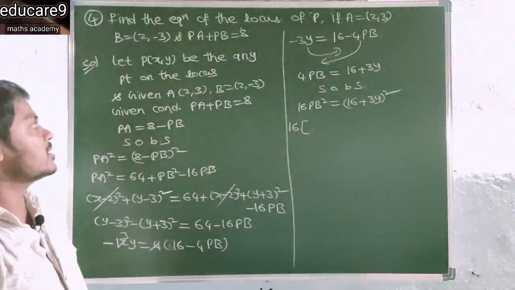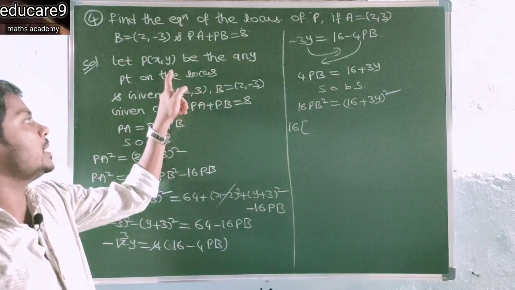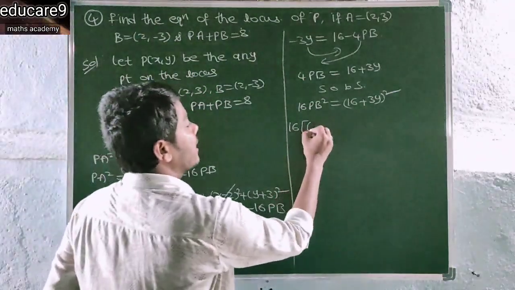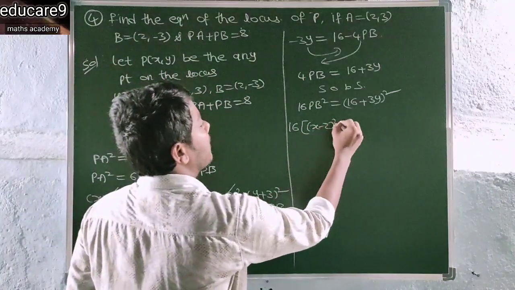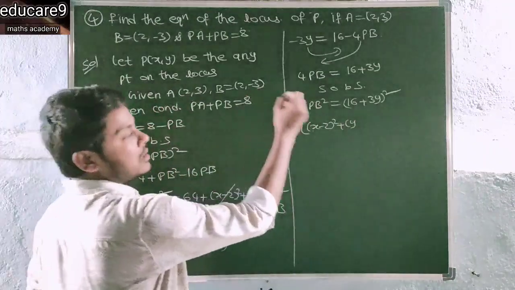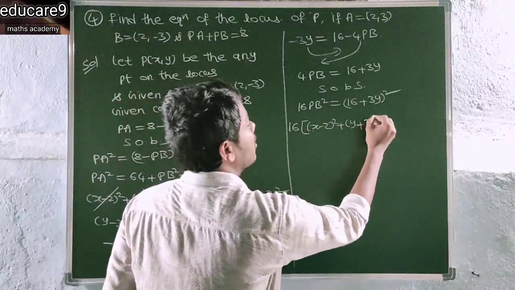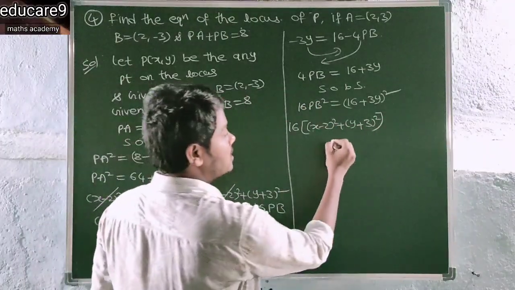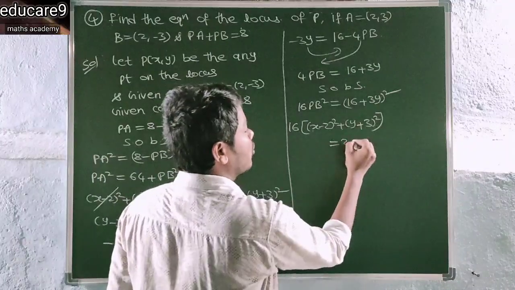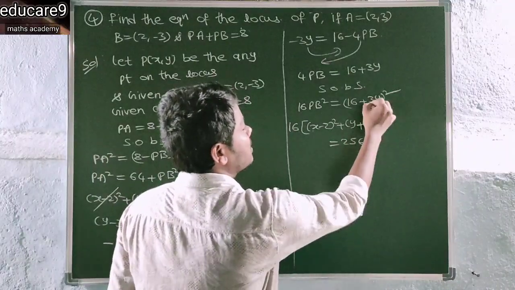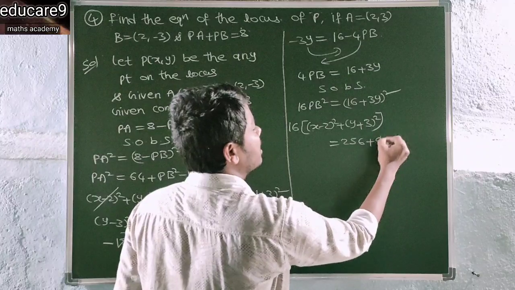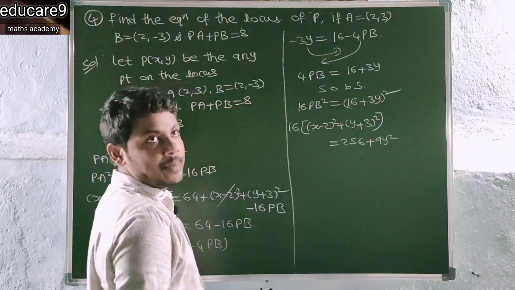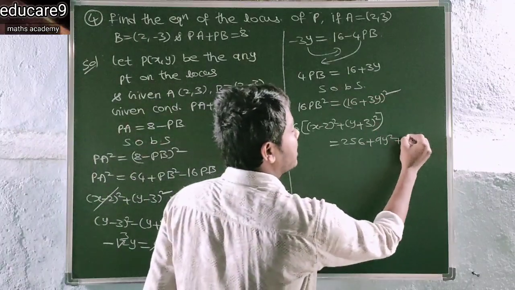So what is PB square? Distance between P and B, that is (x minus 2) whole square plus (y minus of minus 3), that is (y plus 3) whole square, is equal to 16 square, 256, plus (3y) whole square, that is 9y square, plus 2ab, so that is 96y.